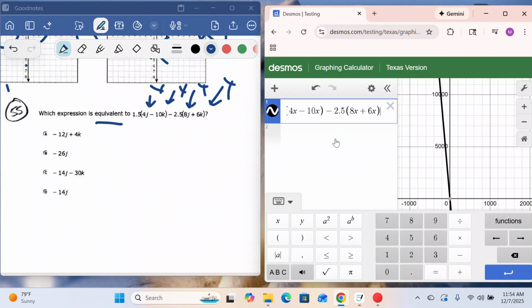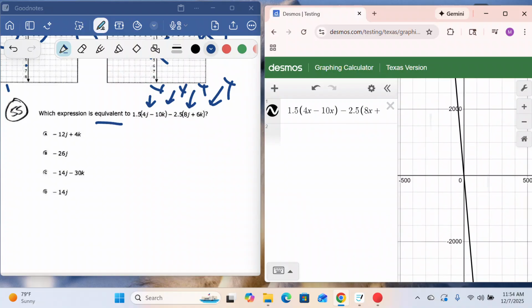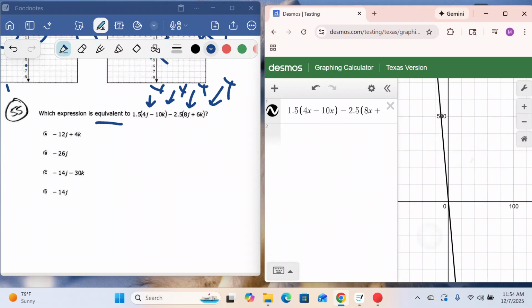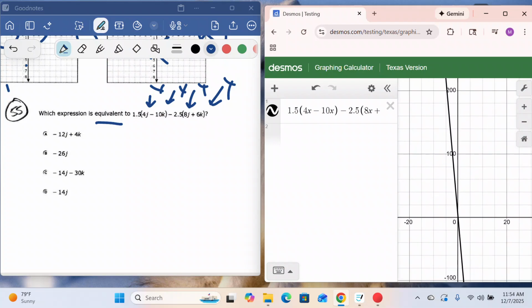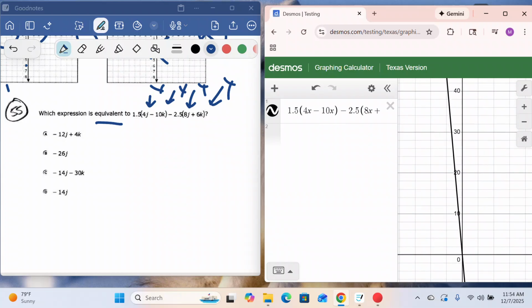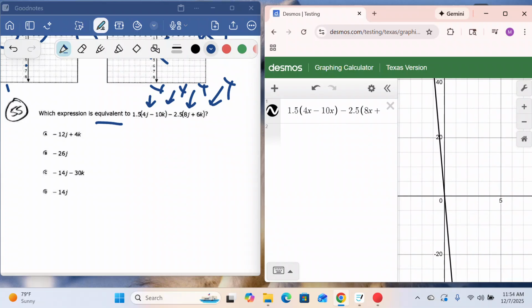So then I have my negative 2.5 and I have everything there. Sometimes it changes it. It was probably correct. But anyway, you can enlarge it so you can see better. And I want to make sure that I get the more solid points because if not, they all look the same. I got this graph, so I'm going to leave that alone.